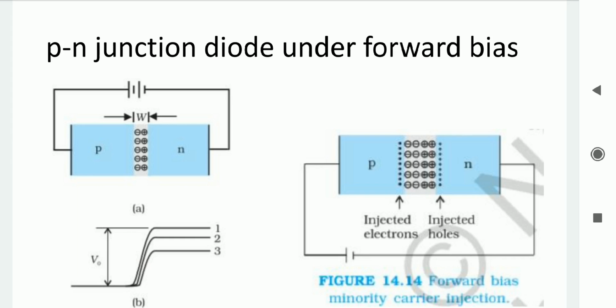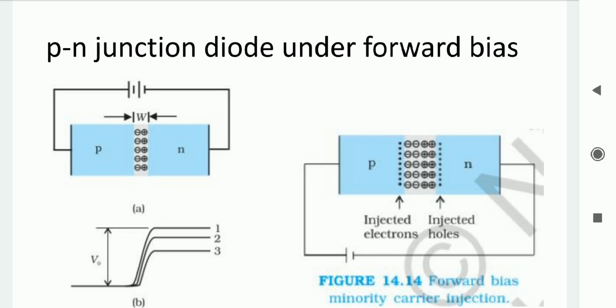So due to this applied voltage, electrons from the n side can cross the depletion region and reach the p side. In the same way, holes from the p side can cross the junction and reach the n side.